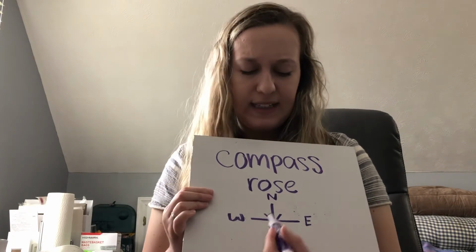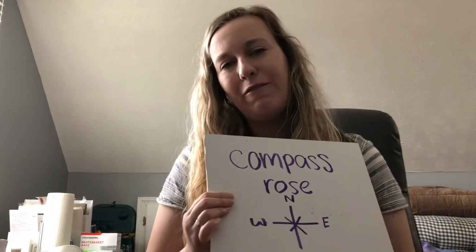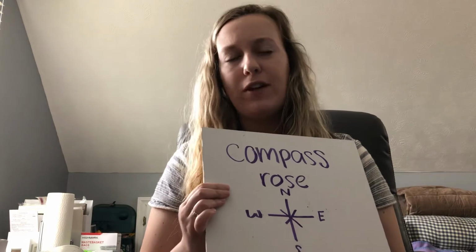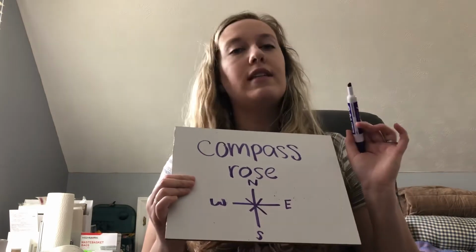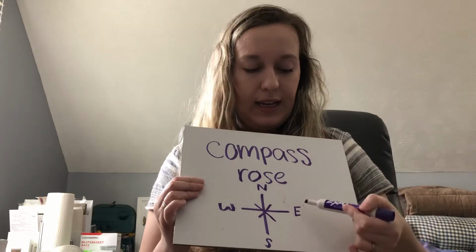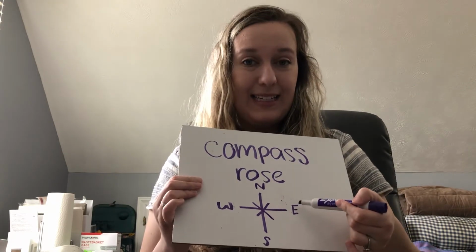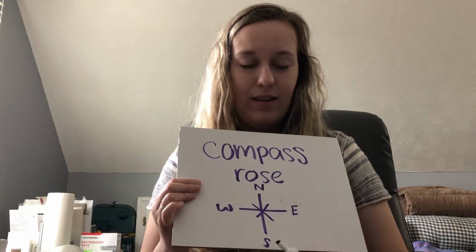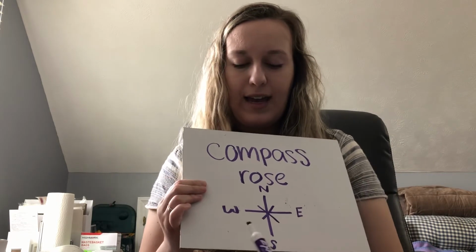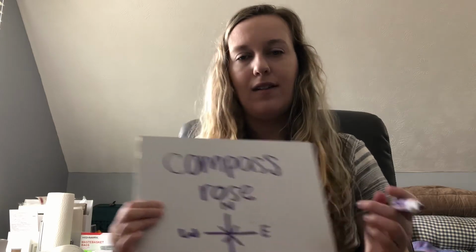So we're going to look at these letters, and I have something fun to help us remember these letters. But first I'm going to tell you their real meaning. So this would be north. North is always up. This would be east. Then south. South is always down. And west. All right?